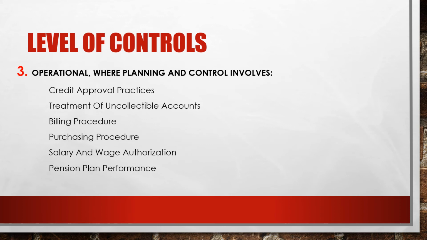And then the third is the operational, where planning and control involves the credit approval practices, the treatment of uncollectible accounts, billing procedures, purchasing procedures, salary and wage authorization, and also the pension plan performance. So those are the 3 levels of controls: strategic, tactical, operational.